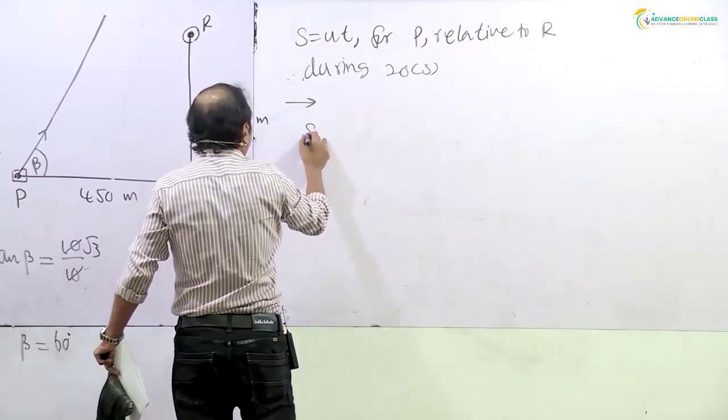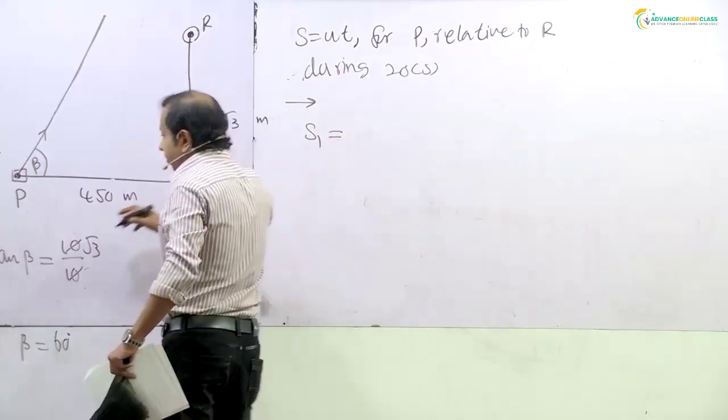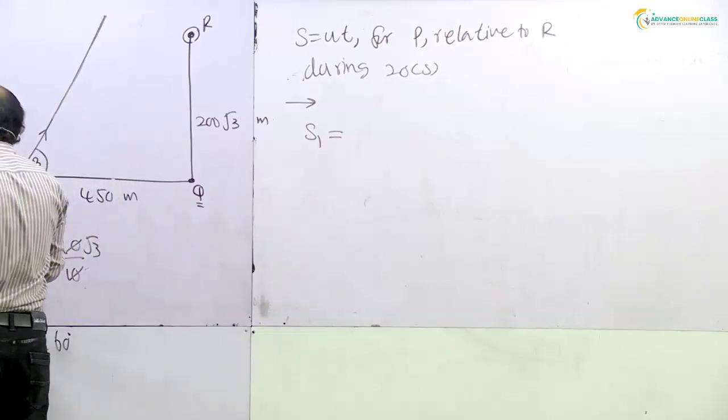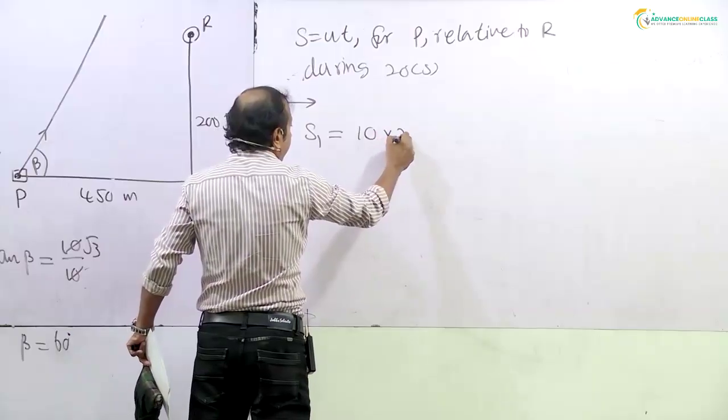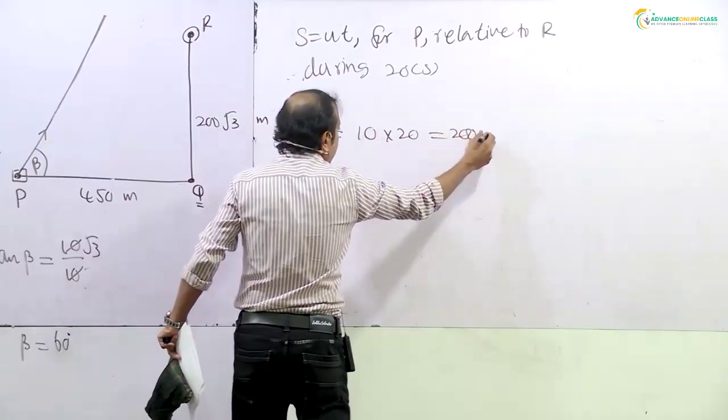Rightward, take S1. Rightward velocity is 10, time is 20. What is the distance? 200 meters.